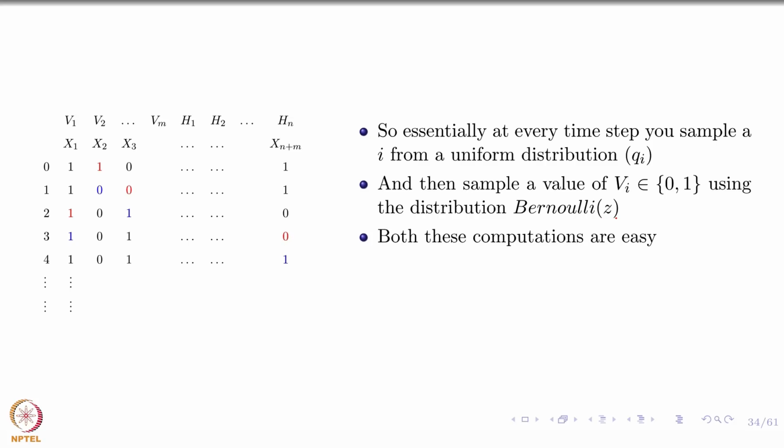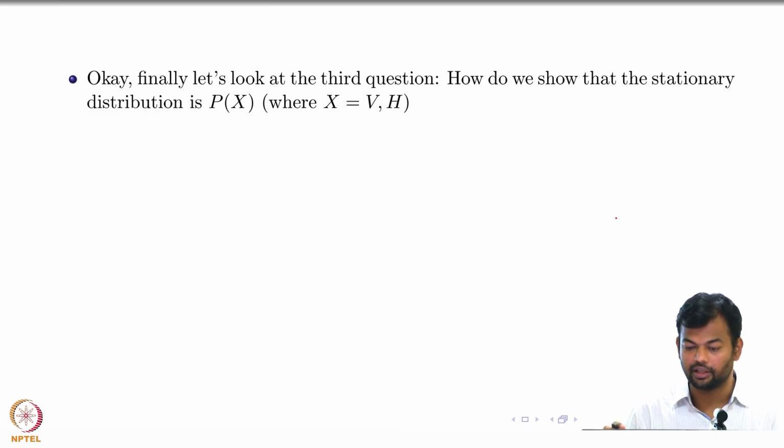So what is the question that I've answered now? It is easy to draw samples from this chain starting from any value x0. I have x0, and I know how to transition to x1, x2 and so on efficiently. The computations involved are very simple. Is that clear?